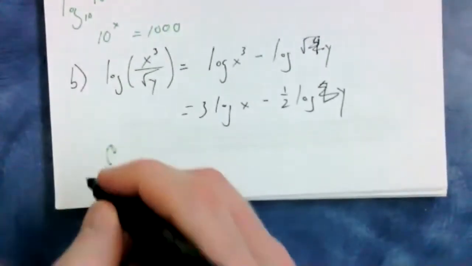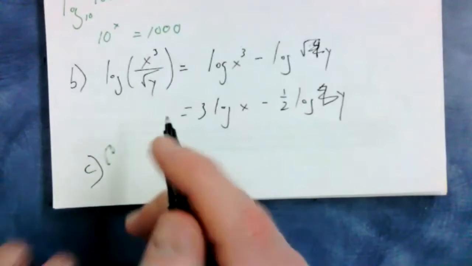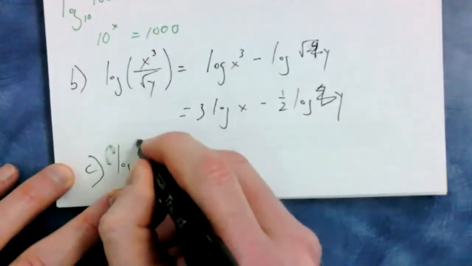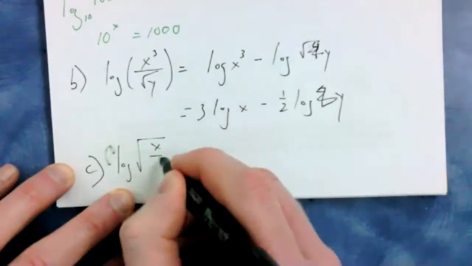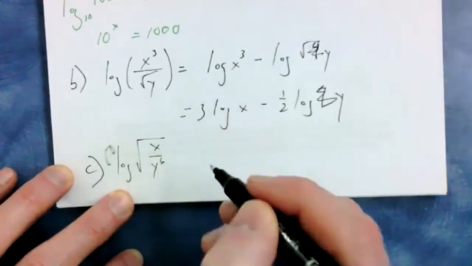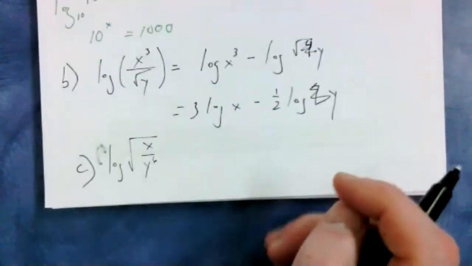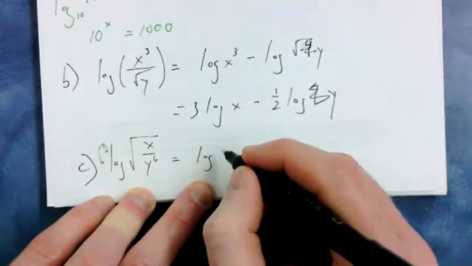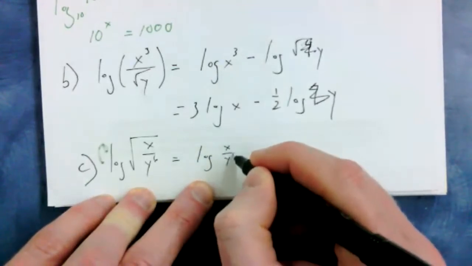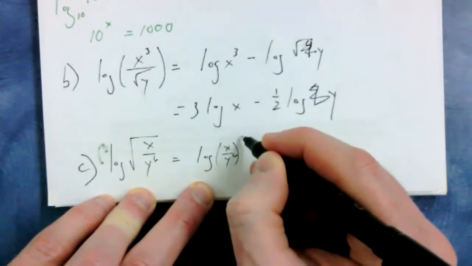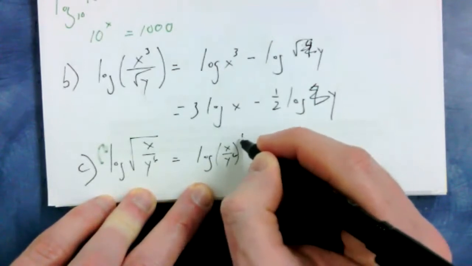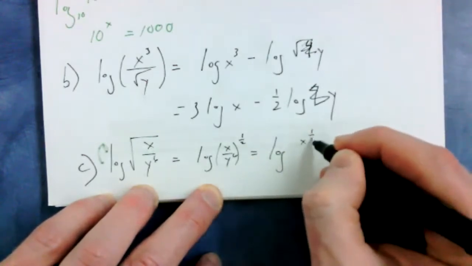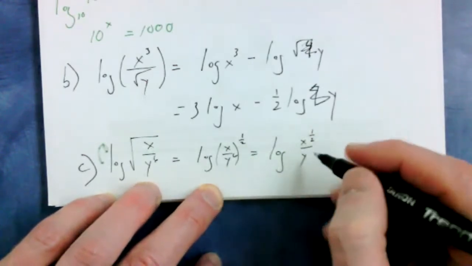Okay, so I was 2b. See if I can squeeze in c at the bottom here. Log of, well, the whole thing's rooted. So log of the root of x over y to the 6th, which means that's log of x over y to the 6th, and that whole thing is to the power of 1/2, which is log of x to the 1/2 over y to the 3.